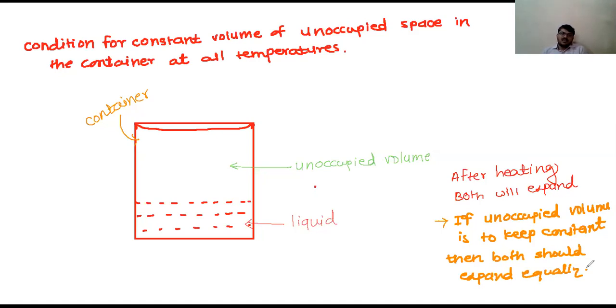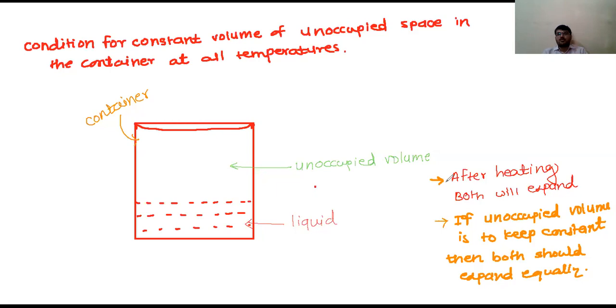What I have written, see here. You can see I have drawn in the diagram, there is one container. In that container, some liquid I have filled, and some part of that container is empty. Now, first point I have written here, after heating, both will expand, obviously. If unoccupied volume, that empty space in that container, should be constant for all temperatures, means suppose 10 degrees Celsius, 20 degrees Celsius, or 100 degrees Celsius, that volume should be same.